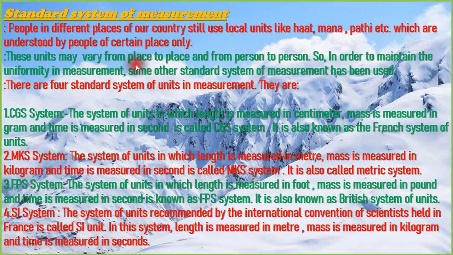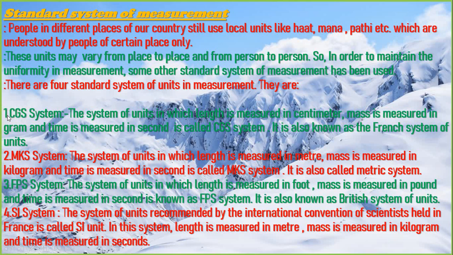The system of units in which length is measured in centimeter, mass is measured in gram, and time is measured in second is called the CGS system. We should first focus on these three letters, which represent this whole system. C means centimeter, G means gram, and S means second.